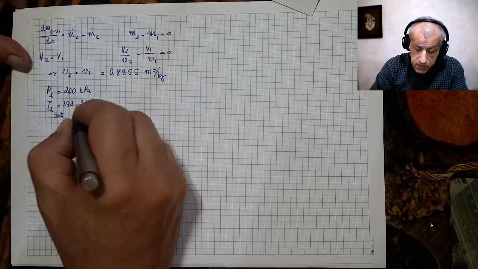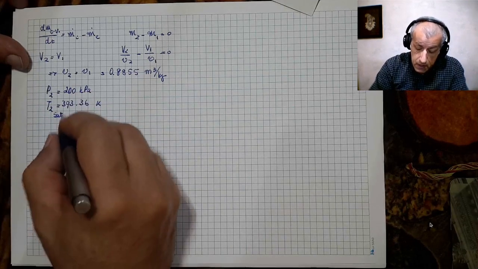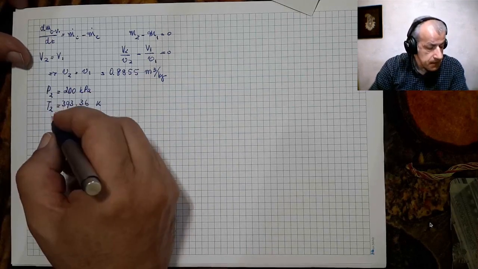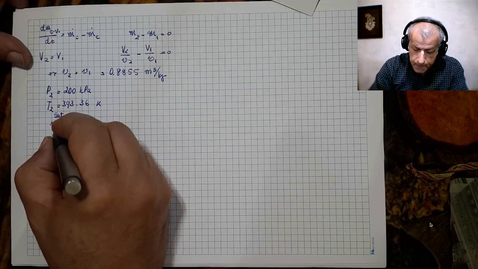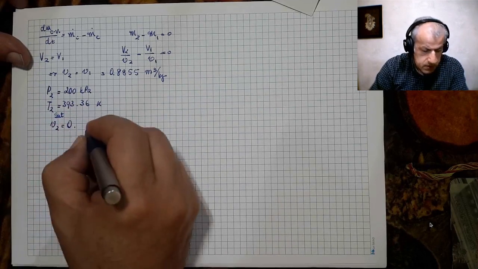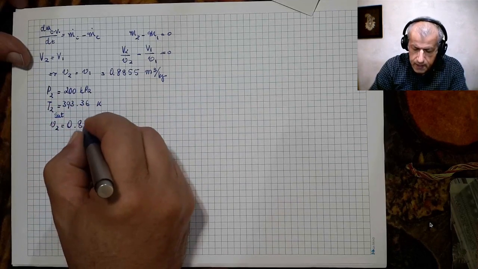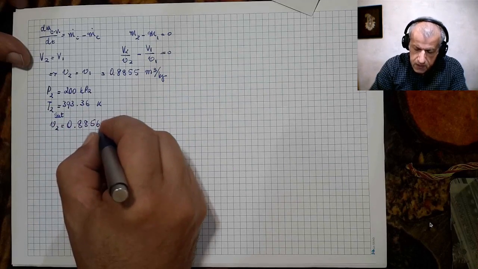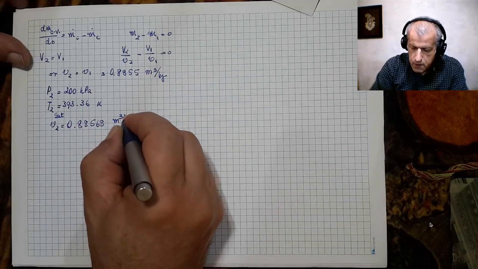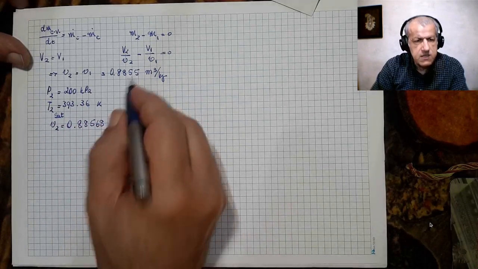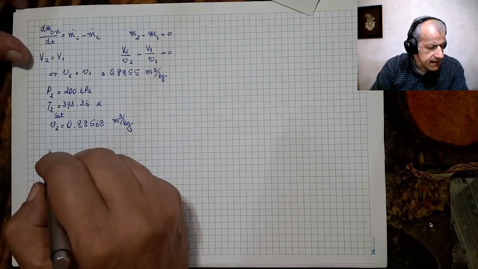It is the saturation temperature for this pressure, and V2 is 0.88568, which we assume to be a very good approximation to this value that we had.